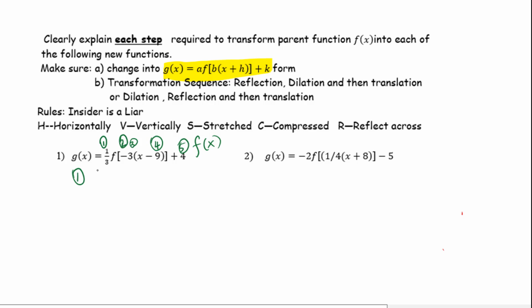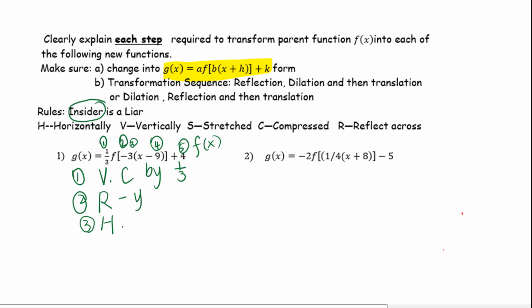For the first step, 1 over 3 is related to the y. So we do a vertical compression by a factor of 1 over 3. For the negative sign, it's related to the x. Therefore, reflect across the y-axis. For the third step, this 3 is related to the x. Therefore, horizontally.